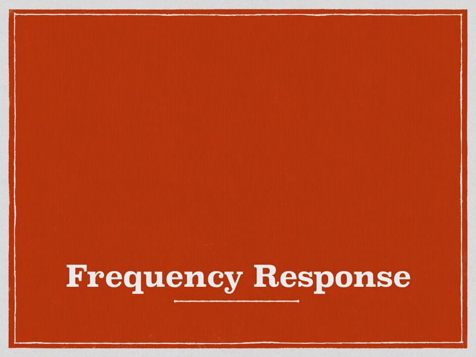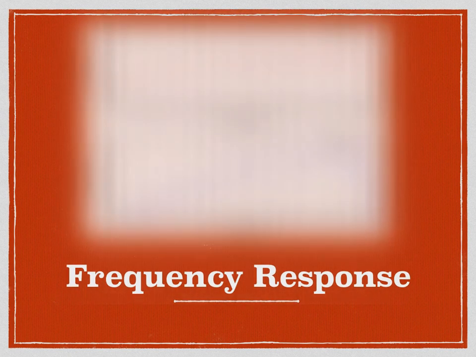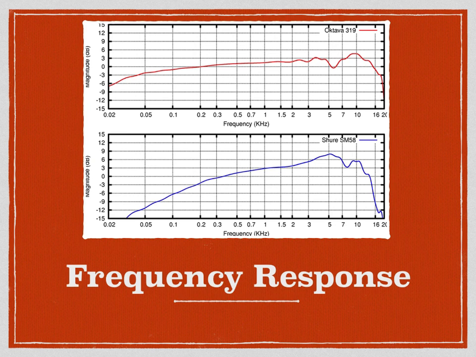If you look at the frequency response, and I have a graph for two sample microphones, Octava 319, which is a condenser microphone, and the Shure SM58, which is a dynamic microphone, you will realize that the Octava has a much wider frequency response, whereas the dynamic microphone has a smaller frequency response.